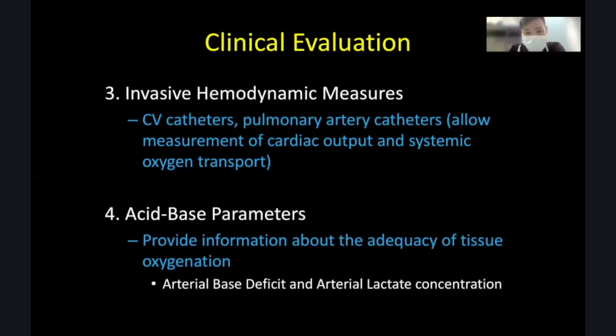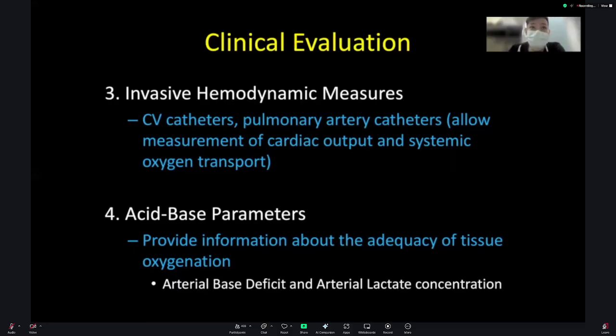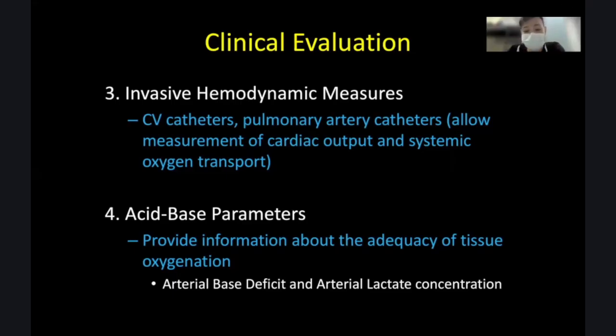Then there would be a shift from aerobic to anaerobic metabolism, and you would have an increase in lactate. An increase in lactate would be perceived as acidosis. So that's another measure in assessing the fluid status of your patient.